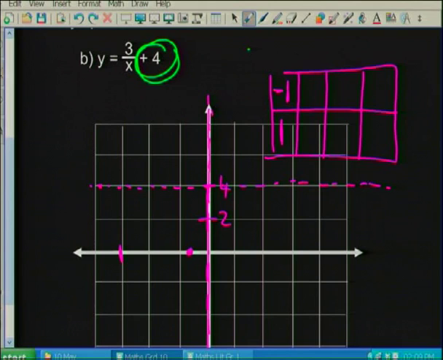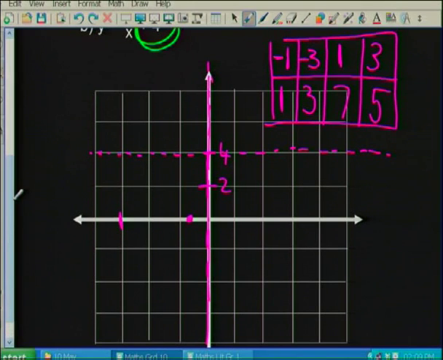Then I'm going to use x equal to minus 3. If I substitute minus 3 in the place of x, I get minus 1 plus 4, which is 3. Then x is equal to 1, we'll go with y is 7, and x is equal to 3, we'll go with y is equal to 5.